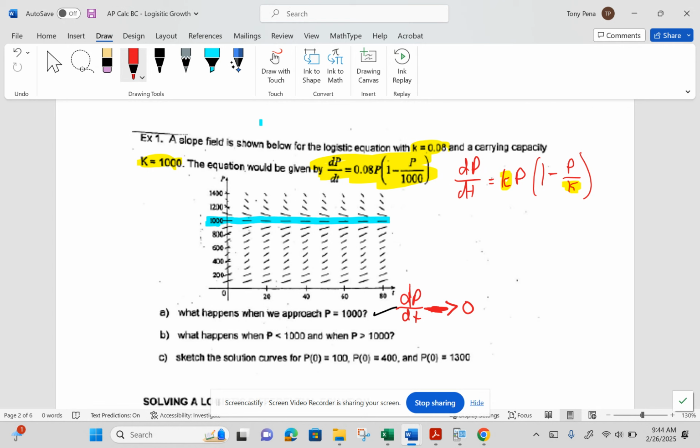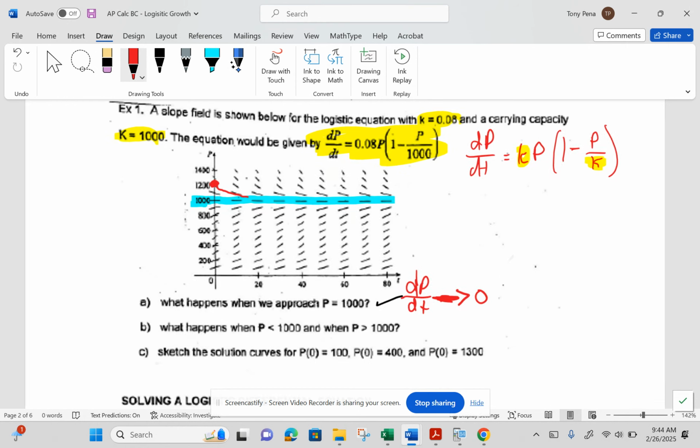All right, if our population was greater than 1,000, so let's say there were eventually 1,200, remember how we would connect those dots, sort of, just connect it? If I started at 1,000, wouldn't this one kind of feed into this guy right here? So if I am greater than 0, and we look at all these tick marks, what happens to P as we're greater than 0?